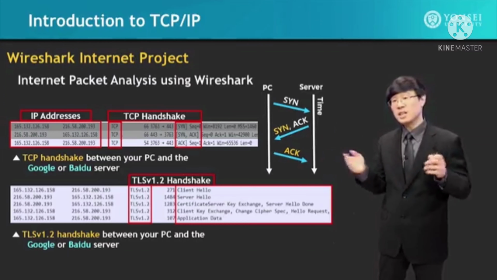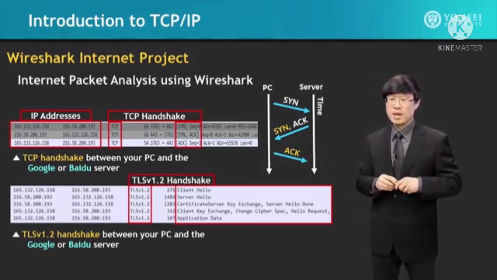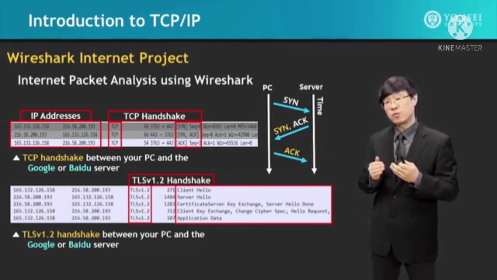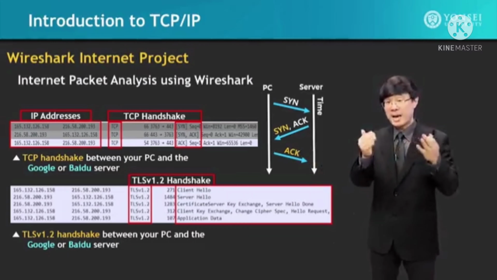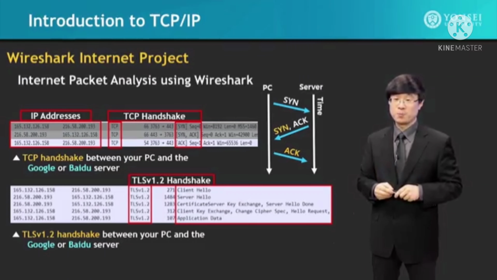In addition, the TLS security handshake operations down there are also shown. And we will be making connections and actually downloading a file from a Google Drive or a Baidu Drive, and that will be the test experiment that we will do.